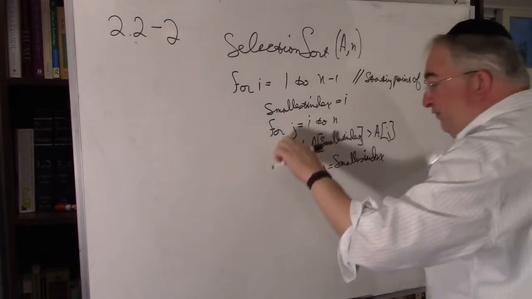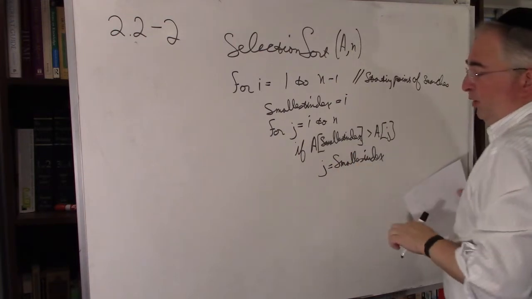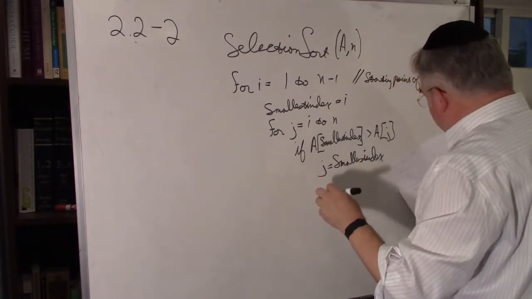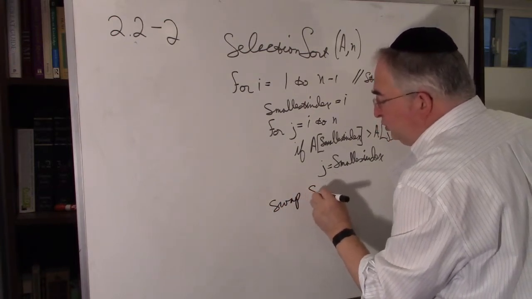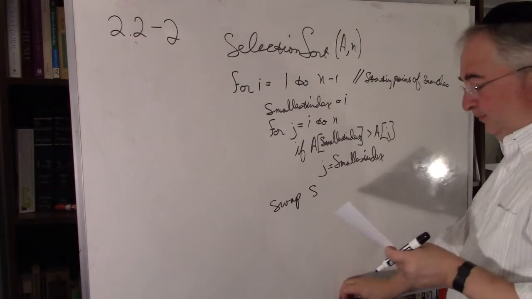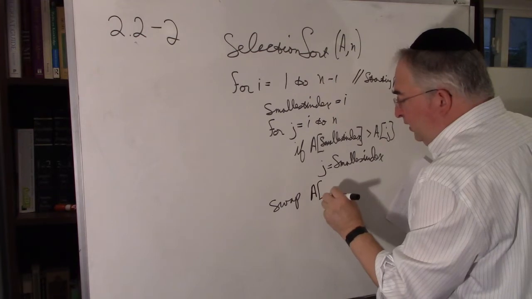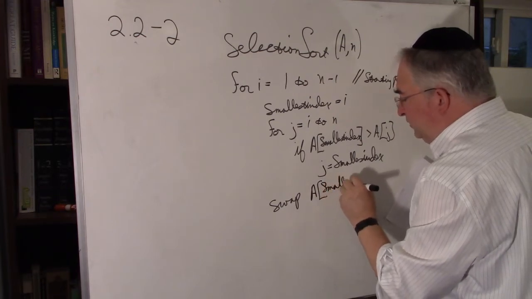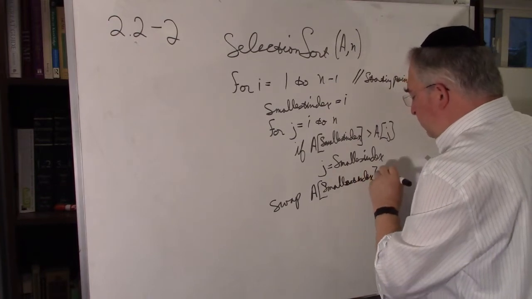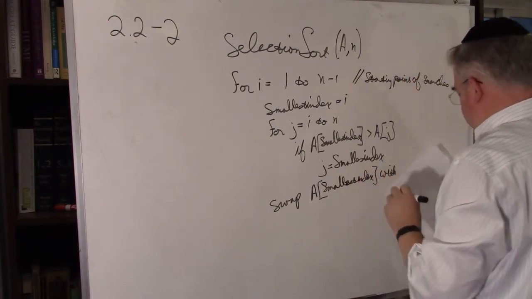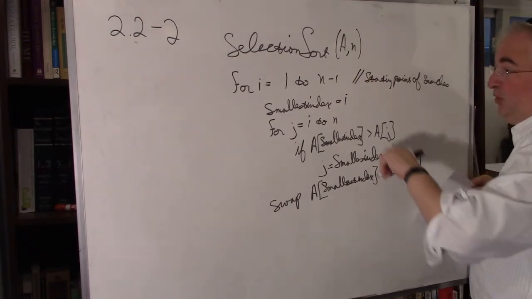When you finish searching this whole loop, it's a loop with just one phrase. When you finish, then what you do is you swap A of smallest index with A of i. A of i was the place where you started.